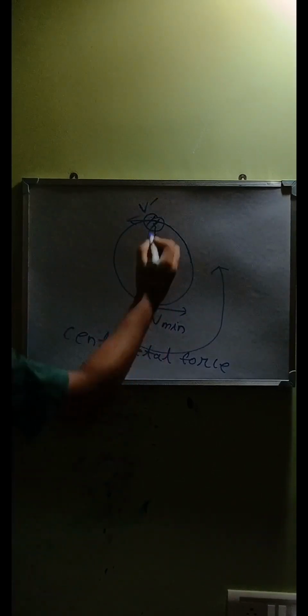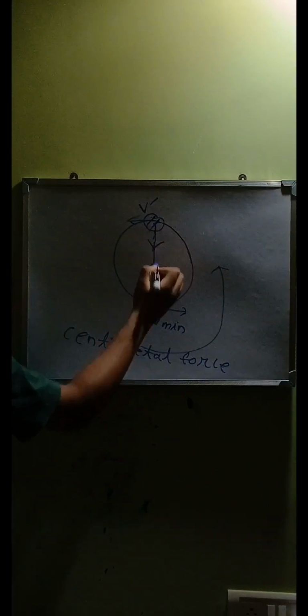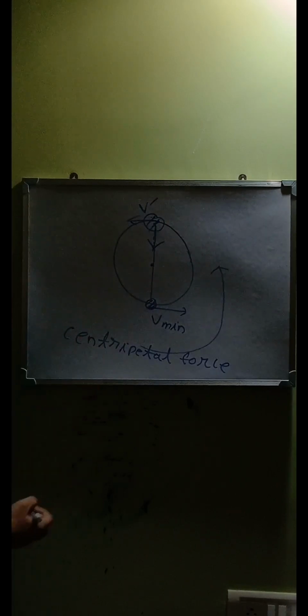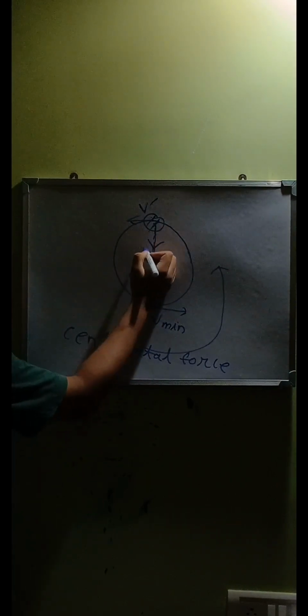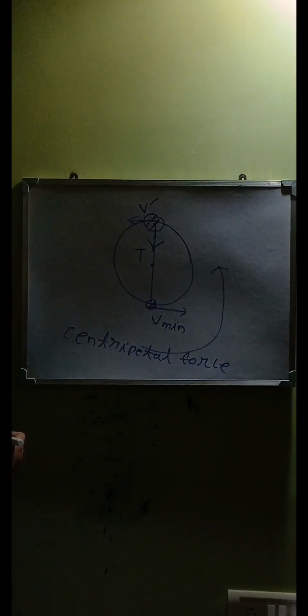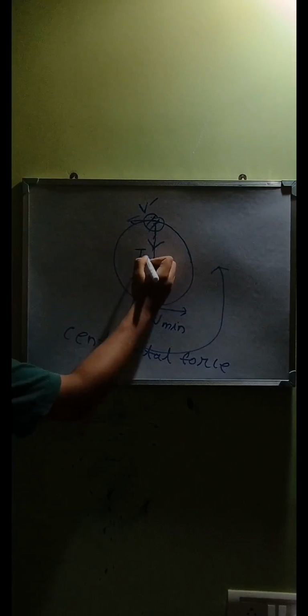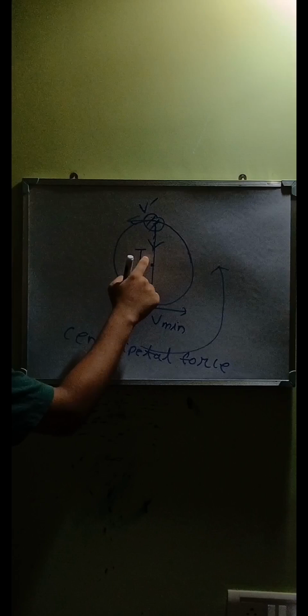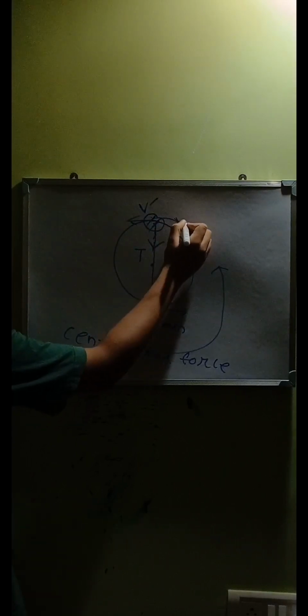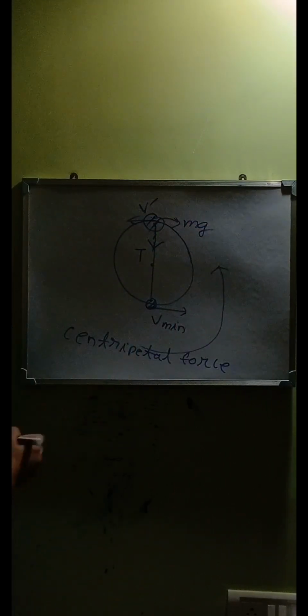So what are the possible forces that can act towards the center at the topmost point? If we look carefully at this position, the possible forces that can act towards the center are the tension in the string and the weight of the bob.